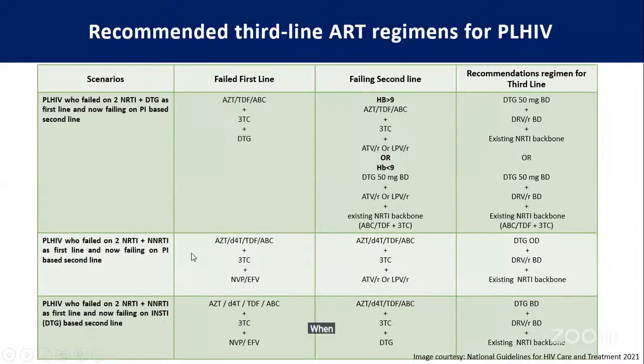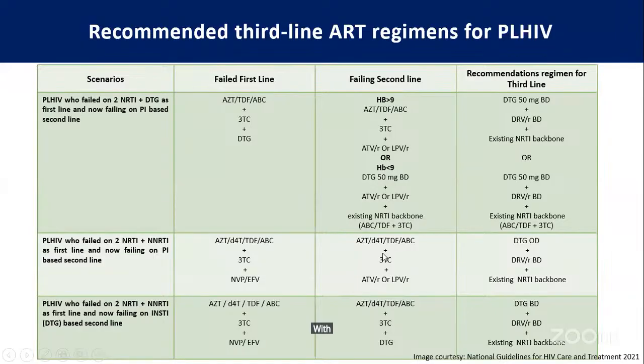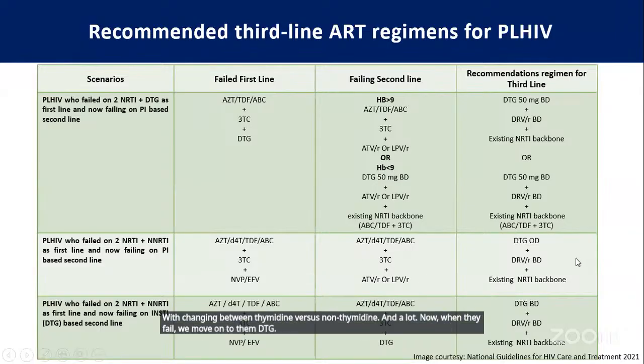When they failed, we moved them to a PI-based regimen, atazanavir ritonavir or lopinavir ritonavir, with change in between thymidine versus non-thymidine analogs. Now, when they fail, we move them to DTG, a new class.